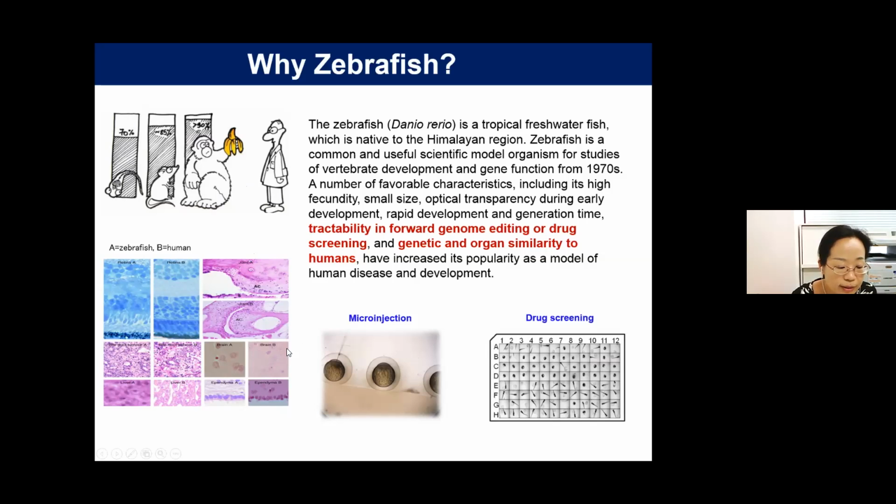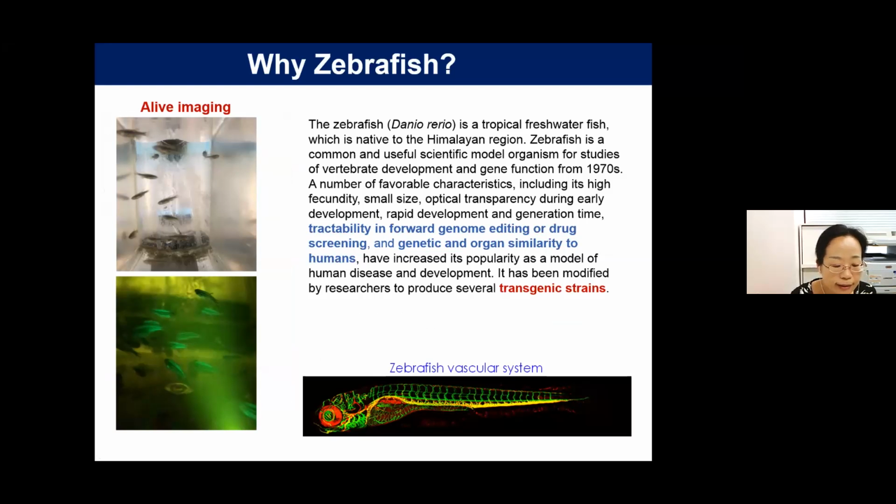So genetic manipulation, for example, microinjection into fertilized embryos, is very easy, and drug screening is also convenient to perform. These characteristics make the zebrafish very popular as a new disease model.